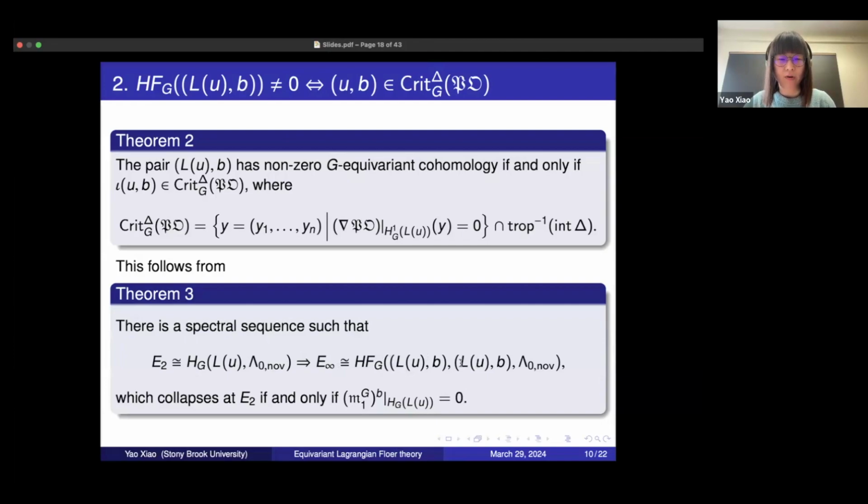This spectral sequence collapses at the E2 page if and only if m_1^{G,b} vanishes on the equivariant de Rham cohomology of the Lagrangian itself. Also, here I use the fact that the partial derivative of the potential function in some direction is equal to m_1^G in that direction.